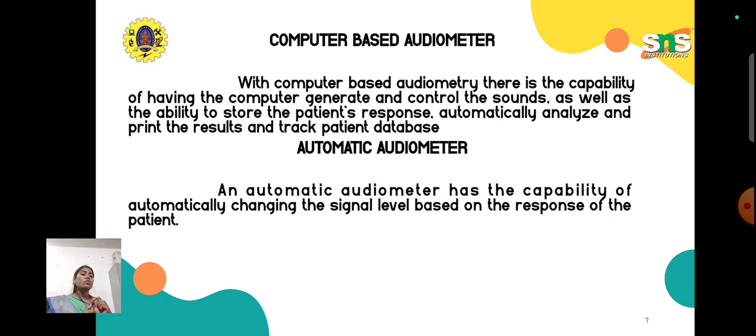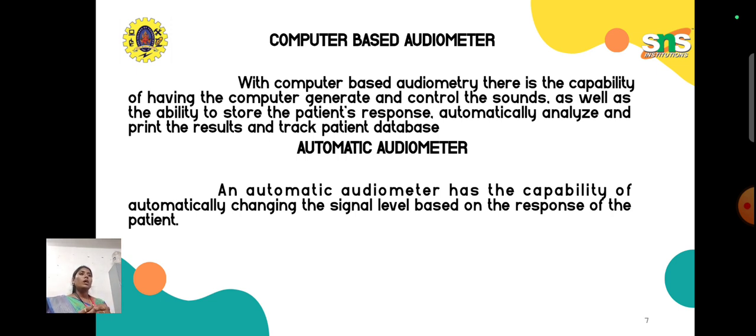And last, the recent trend you can see in audiometers is the automatic audiometer. This audiometer is fully automated. It will automatically change the sound frequency or intensity based on the response of the patient.